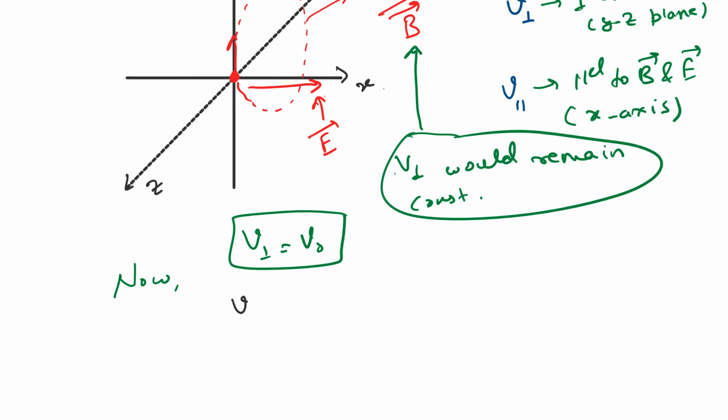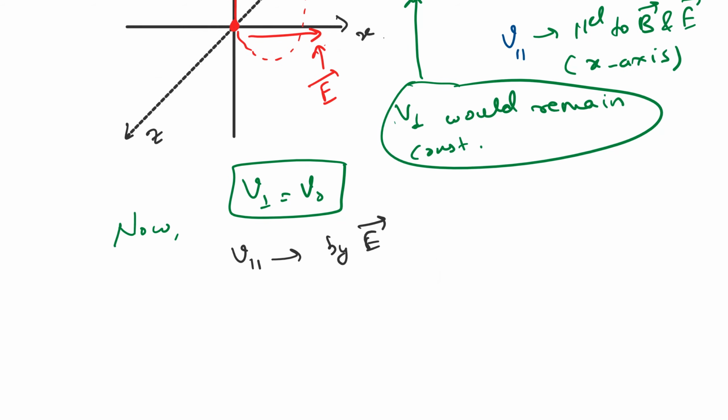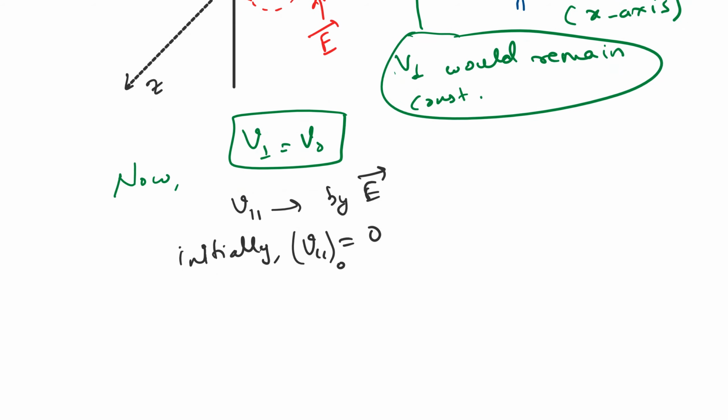Now what about V parallel? V parallel is only changed by the electric field. Initially, V parallel was 0. Yes, there was no velocity of the charged particle along the x-axis.